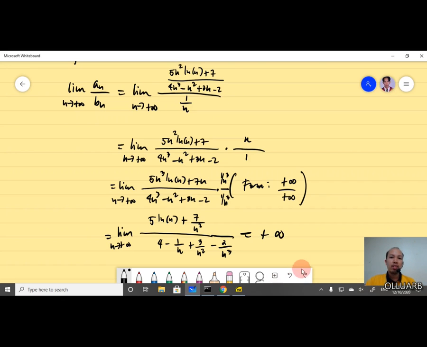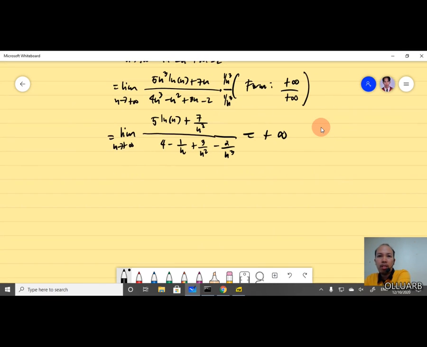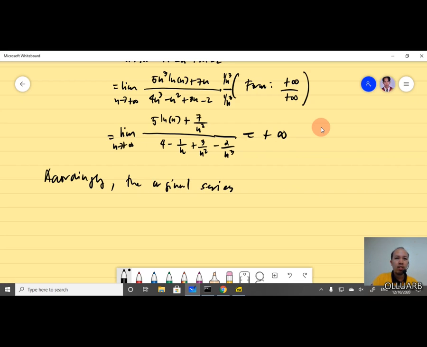Okay, so this example illustrates LCT, theorem number 3. So accordingly the original series is convergent. No, divergent, sorry, divergent. Okay, I will erase that one.